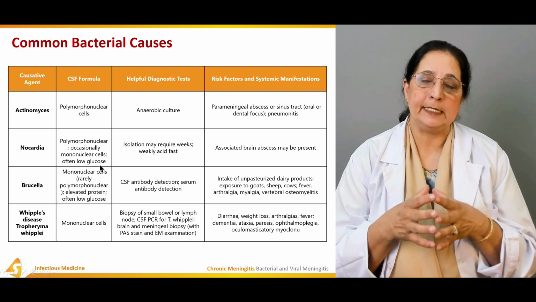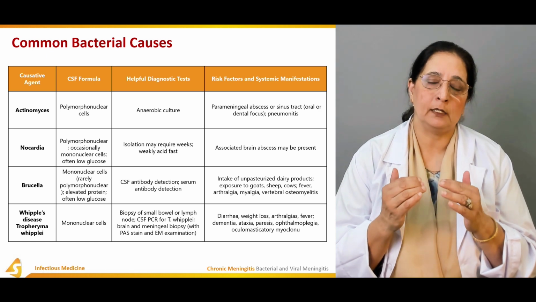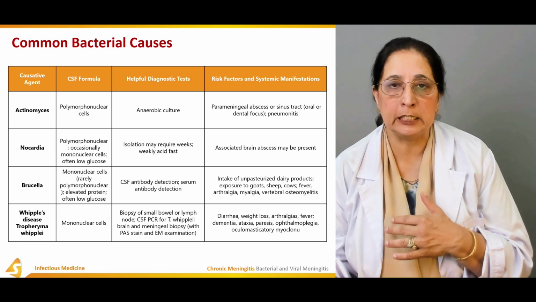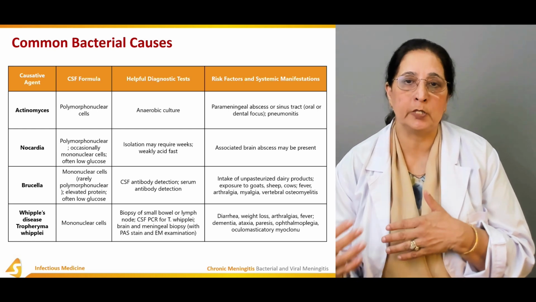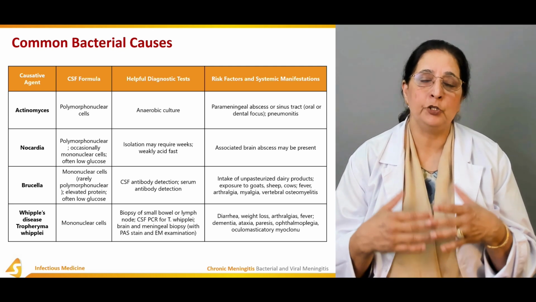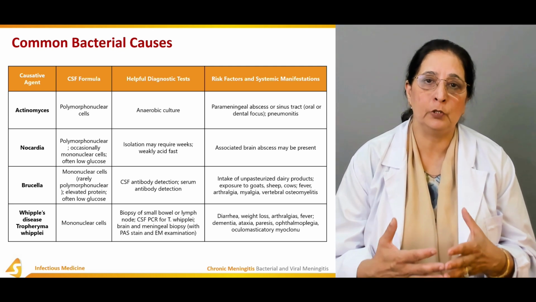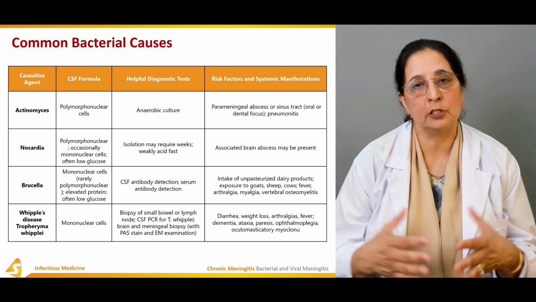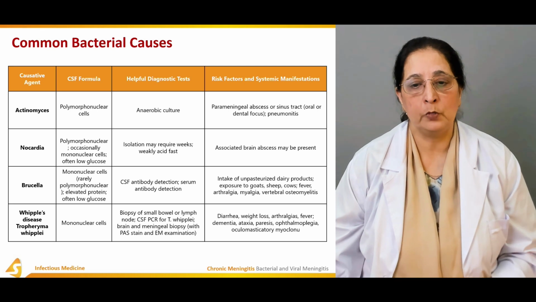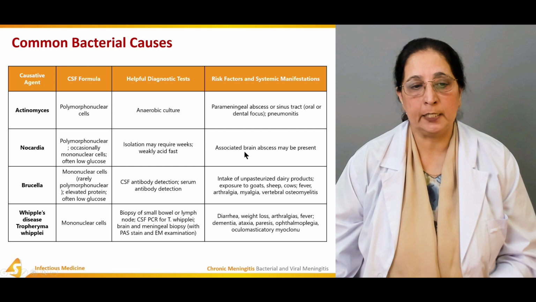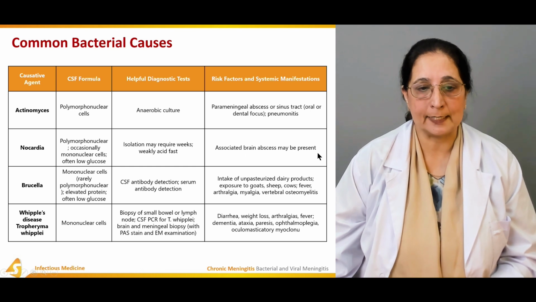Most of these bacteria, if you notice, usually don't cause acute meningitis. They are more associated with chronic infection, and are not as common. They usually affect individuals who already have other systemic manifestations or who have a weak immune system. Associated brain abscess may be present.